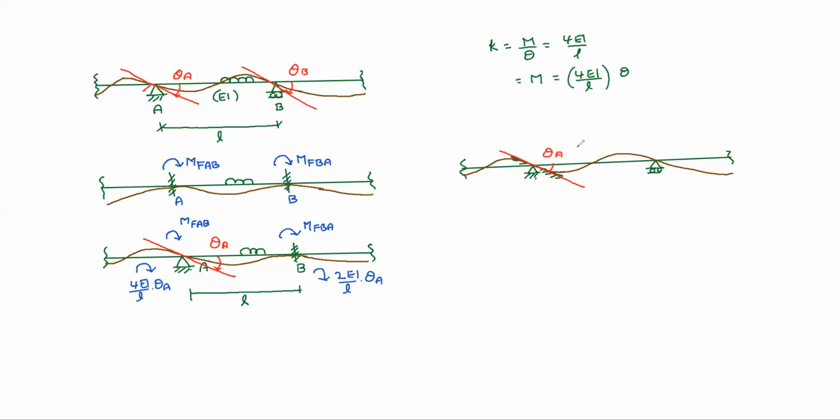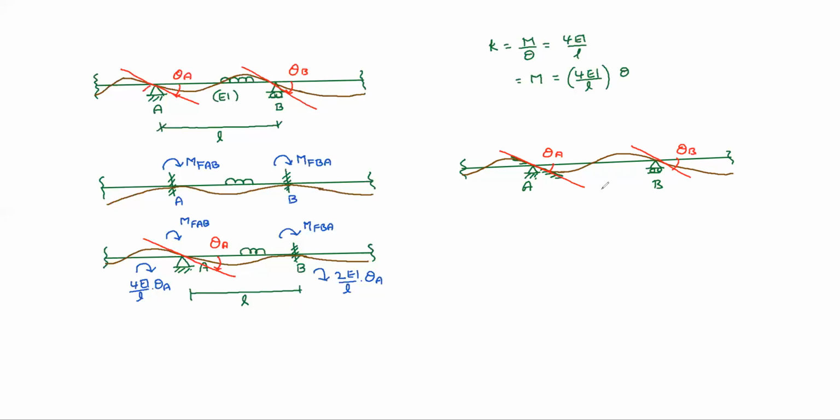Already we rotated some amount theta A. Right now, just we are fixing it. We are not allowing any further rotation at A. That means with respect to B, far end A is fixed only. Now to get this theta B rotation, how much moment is required, we need to understand.